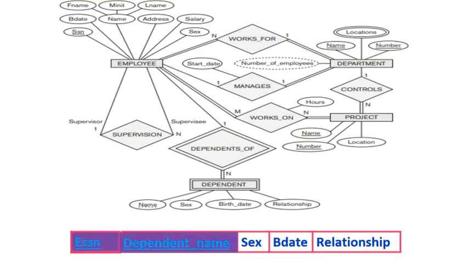In this example, there is only one weak entity set, which is dependent. So while converting it into a relational table, it will be based on the linked strong entity set, which is employee. In this converted relational table, ESSN and dependent name are combined to form the primary key.